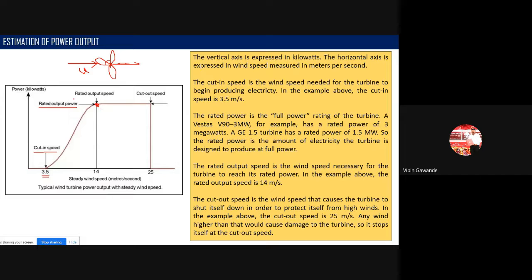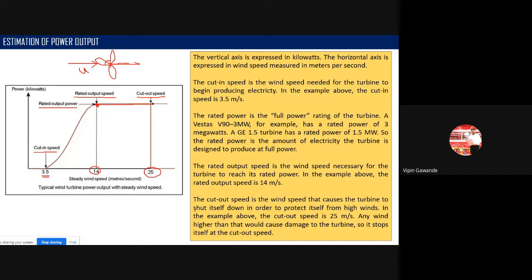The speed at that rated power is called the rated output speed, and its value is 14 meters per second. After that, the power generation remains constant, and at 25 meters per second, called the cut-out speed, the turbine stops producing any power.